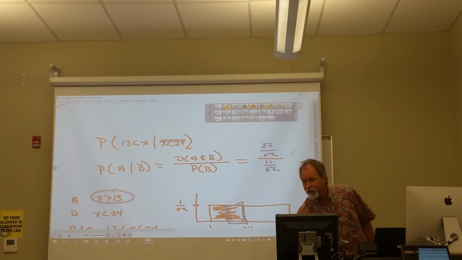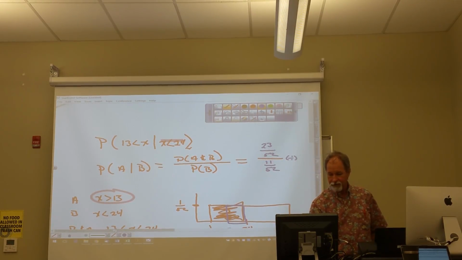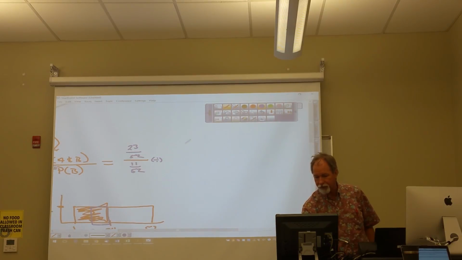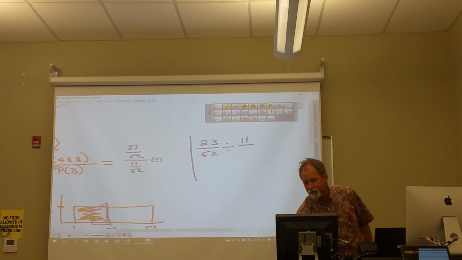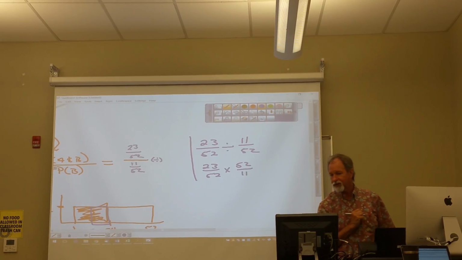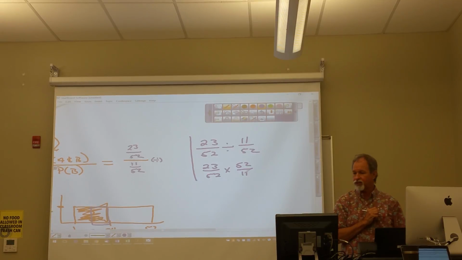How do I divide fractions? I multiply by the reciprocal. So when I do my arithmetic, I get 23 over 52 divided by 11 over 52, which becomes 23 over 52 times 52 over 11, and that's going to be incorrect.